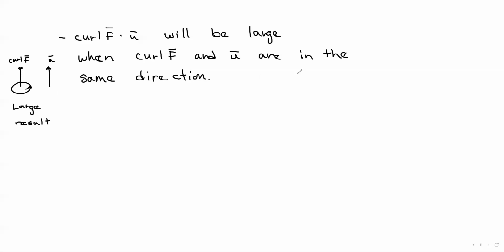And so this is going to end up producing a large result for curl of f dot k. Oops, sorry, curl of f dot u. A little Freudian slip there, because that's where we're going next.